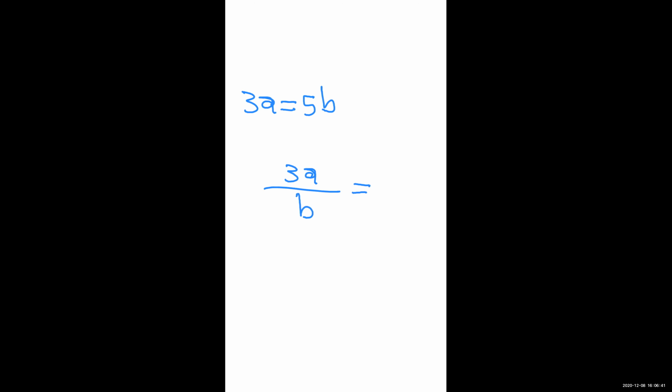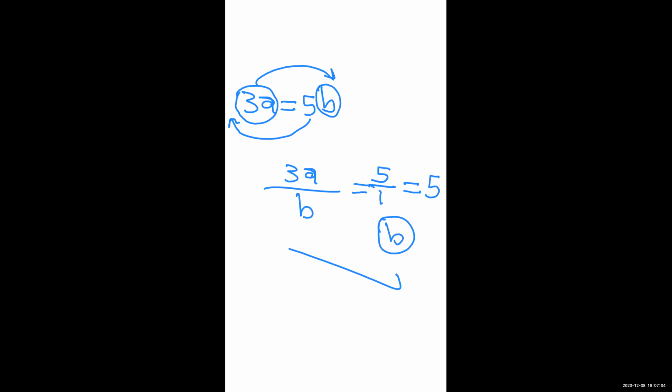Also, it's very easy. Nothing new, the same procedures. So it will equal 3a over b, like this, will equal 5 over 1. So 5 over 1, which is equal to 5. So the right choice here is letter B. Okay?